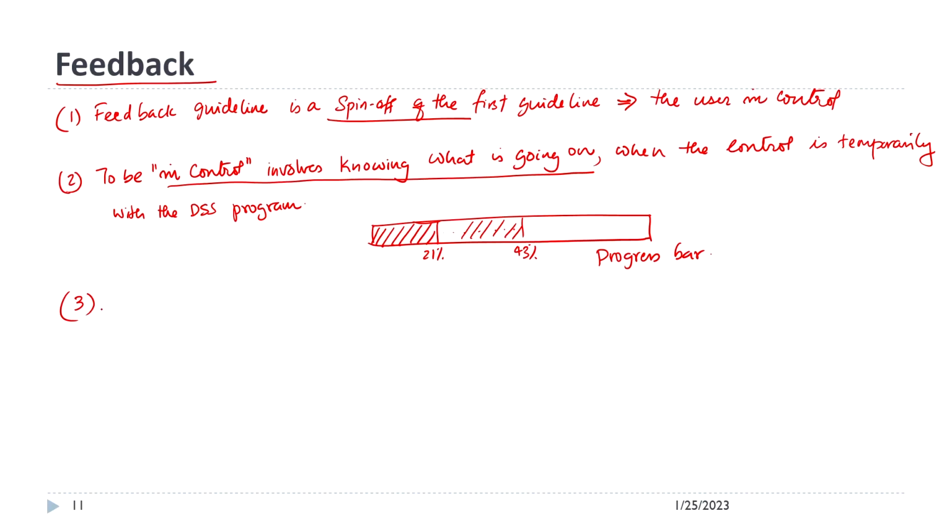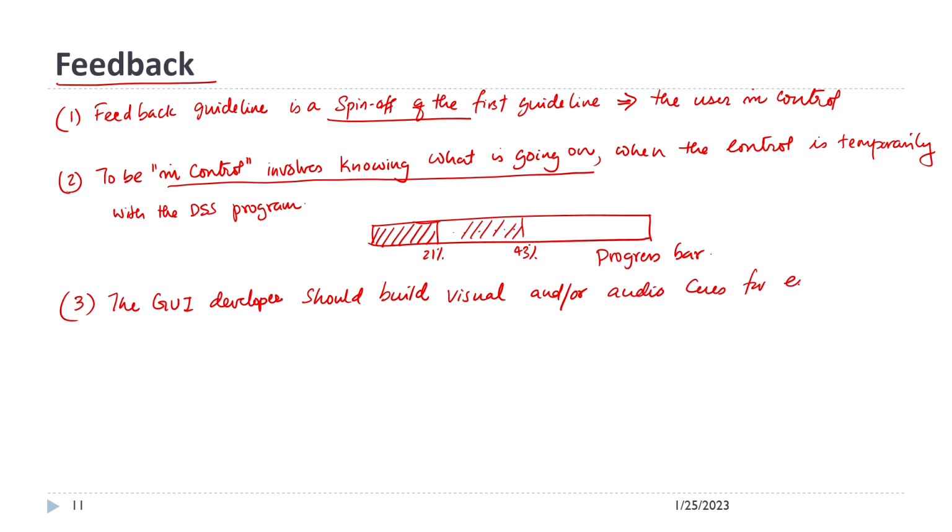Then comes the third part. The GUI developer should build visual and or audio cues for every user event.